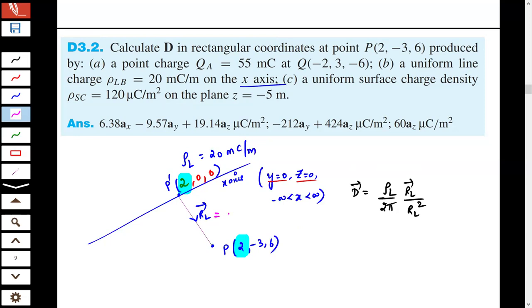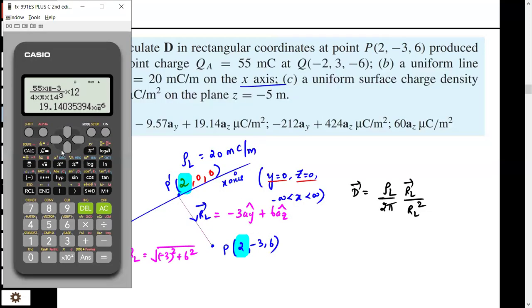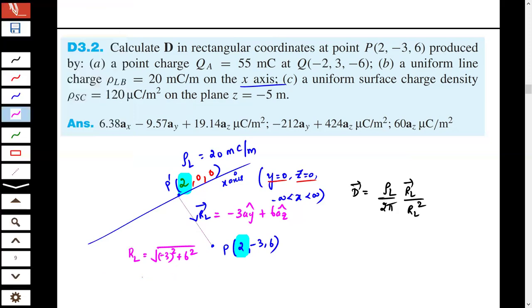The y component is minus 3 ay cap plus 6 az cap. We can find the magnitude of this as under root of 3 square plus 6 square, which will be 3 root 5 or 6.7.